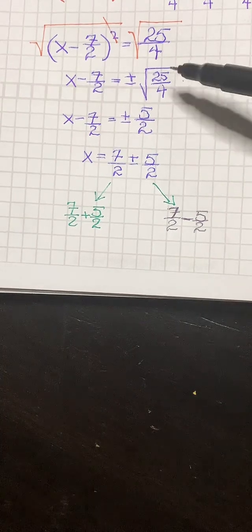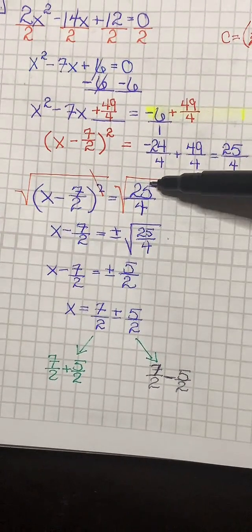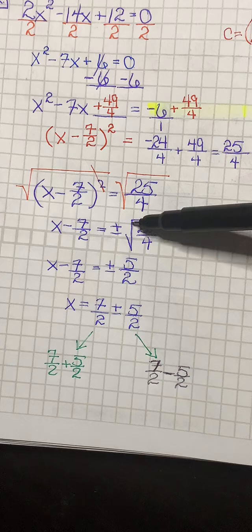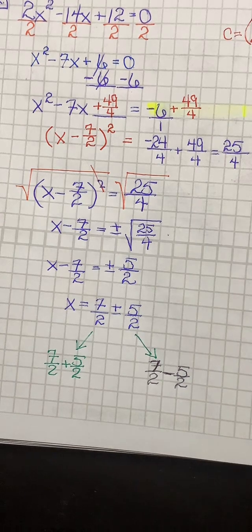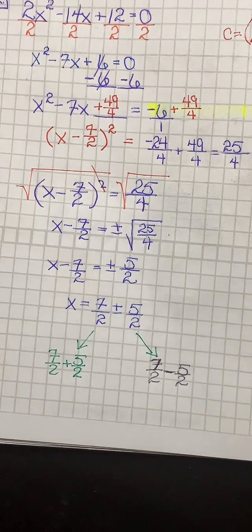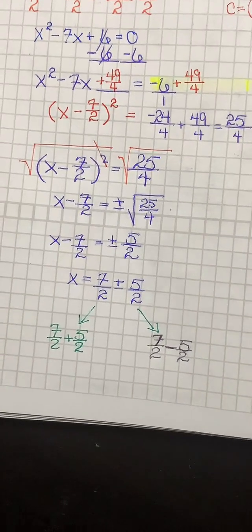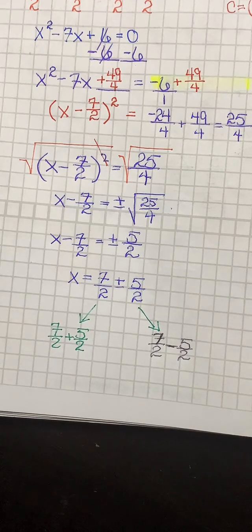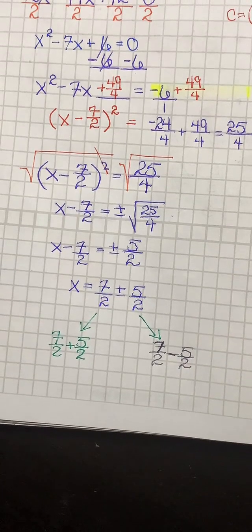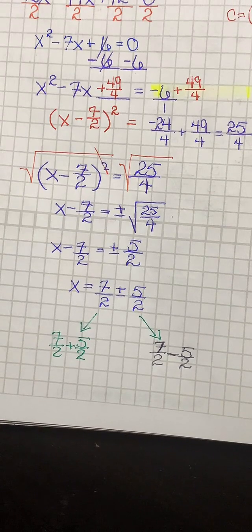Okay, once I get it into that square root mode on both sides, that's when you're using your plus minus. Yep, when you take the square root of the variable being squared. So when you do the square root, you have a plus and minus to cancel the square.